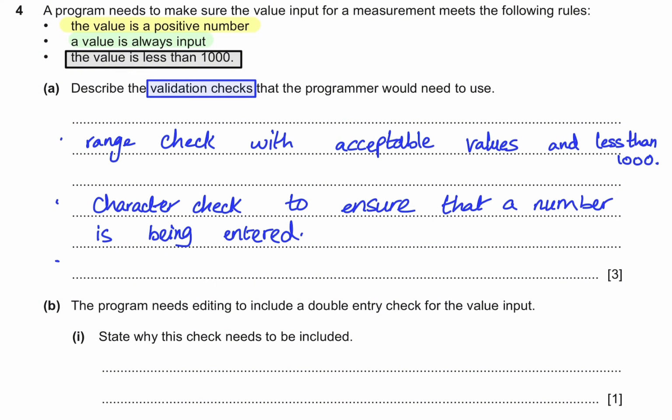And then presence check. What do you think the presence check will validate?